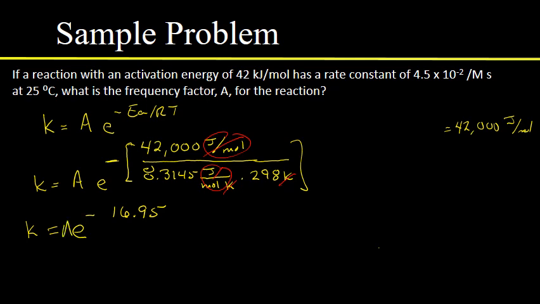Oops, I forgot my A here. All right. So K is equal to A. Here, put this in your calculator. E to the minus 16.95 is 4.35 times 10 to the minus 8.